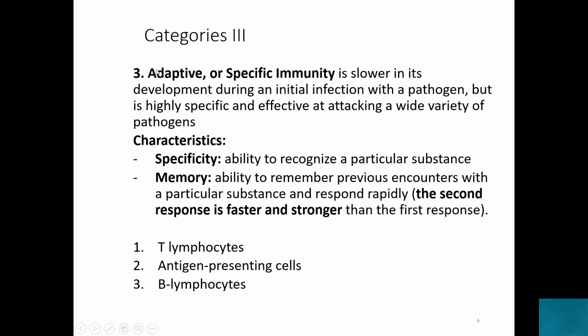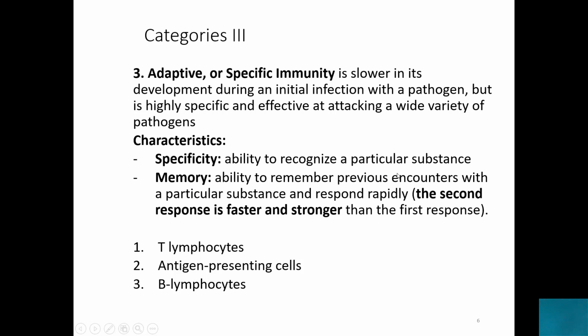Next one, the third one, would be adaptive or specific immunity. It takes time to develop. Sometimes you're already sick, you have that infection caused by a pathogen, but your immune system will finally fight it. Specific immunity will remember it for the future. So specificity is the ability of our specific immunity to recognize a particular substance, like a particular virus or bacteria, in the future.